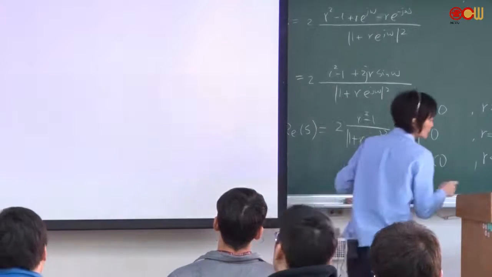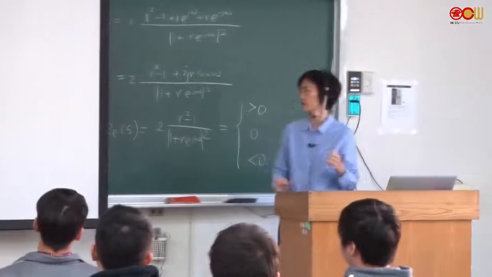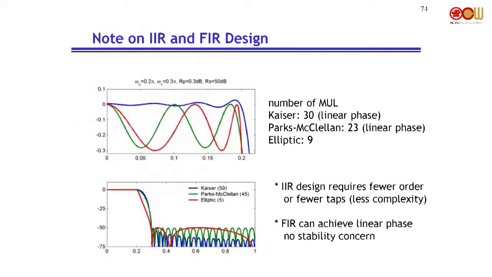And when we implement the filter, these coefficients will get quantized. The value of the coefficient will be different from what we have designed. The original filter may be stable, but after the quantization, the filter may become unstable. But with FIR filter, there's no such concern at all because there's no stability concern.